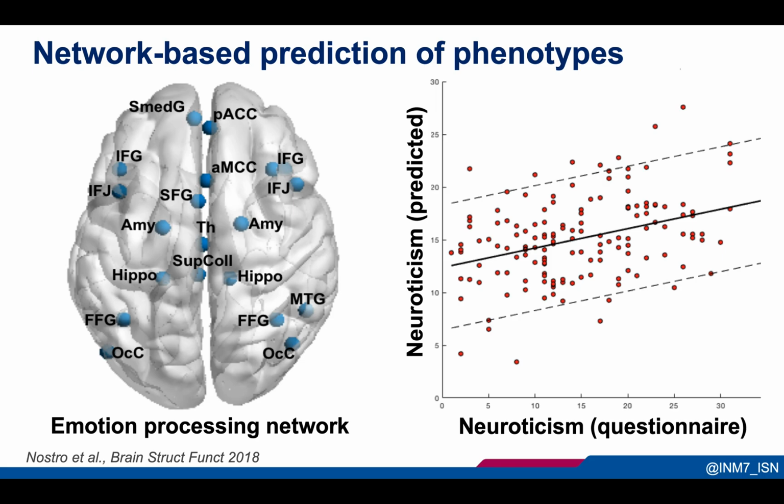And as you can see here, we can actually make, with some confidence, individual predictions about individual personality traits from resting state connectomes extracted from a priori functional networks.